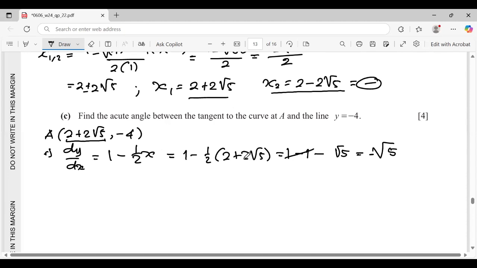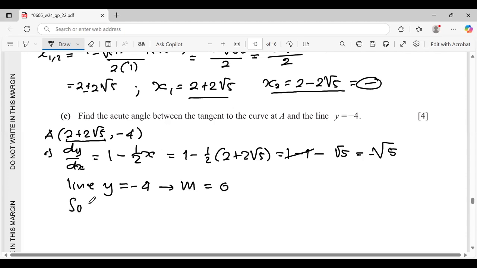Okay, and after that, we're going to find the angle between the tangent and the line y equals minus 4. The line y equals minus 4 is a horizontal line, so the gradient equals 0.